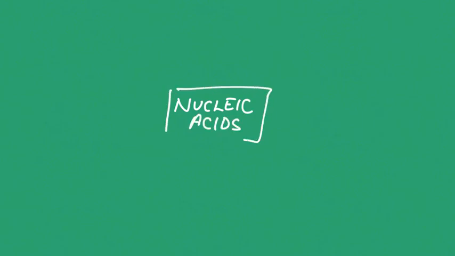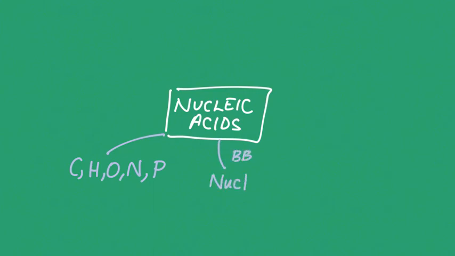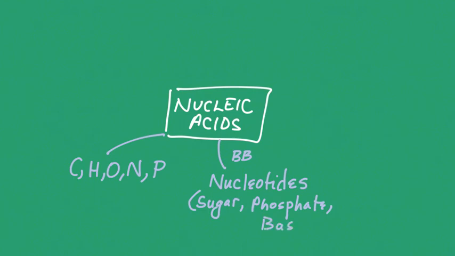Let's recap what we know about nucleic acids. Nucleic acids are made up of carbon, hydrogen, oxygen, nitrogen, and phosphorus. The building blocks of nucleic acids are nucleotides. Each nucleotide is made up of a sugar, a phosphate group, and a base.